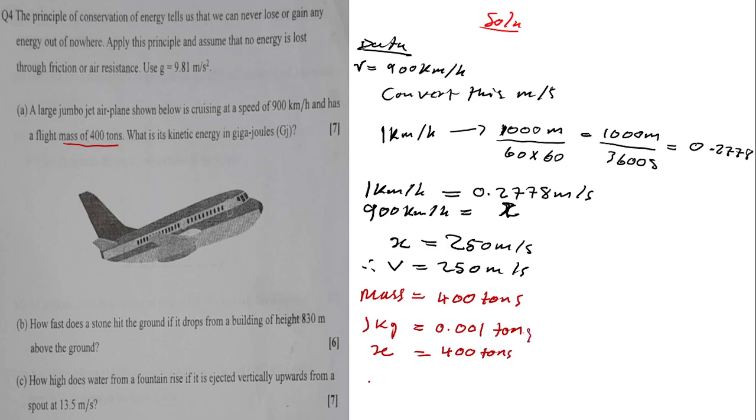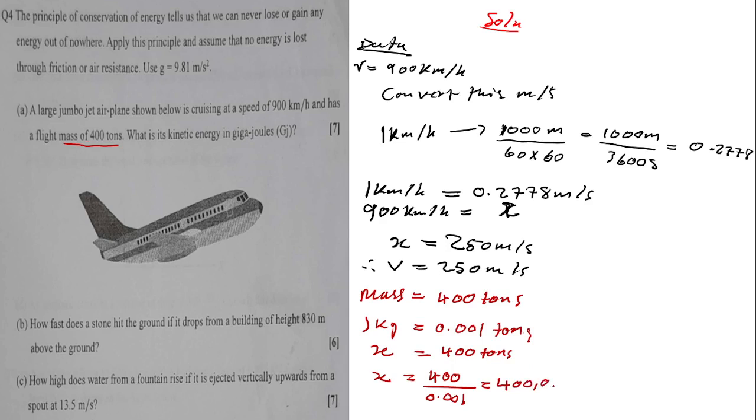And x will be equal to 400 tons over 0.001. When you divide 400 by 0.001, it gives you 400,000 kg.